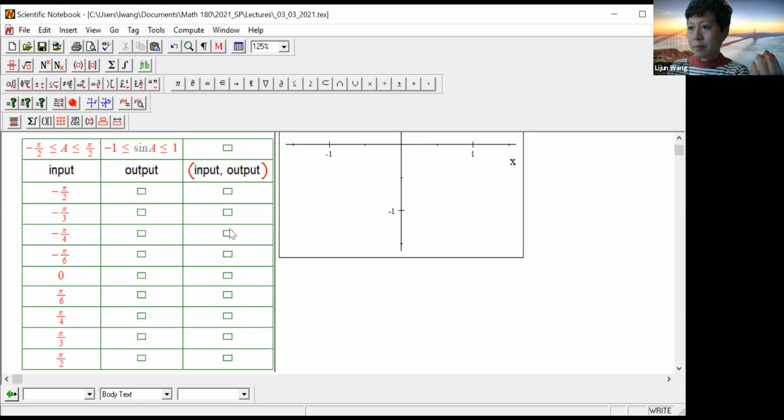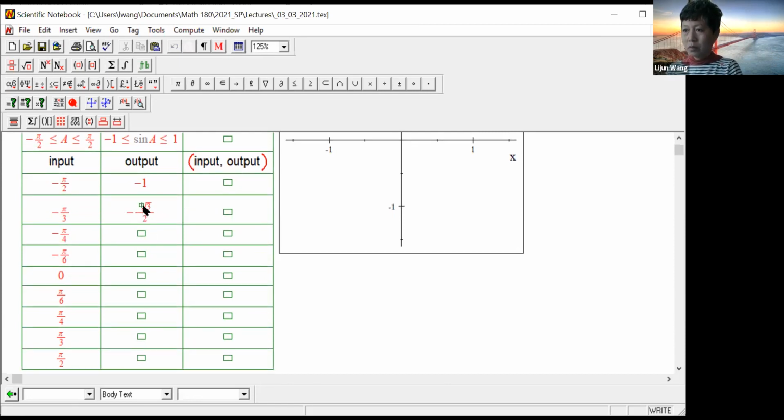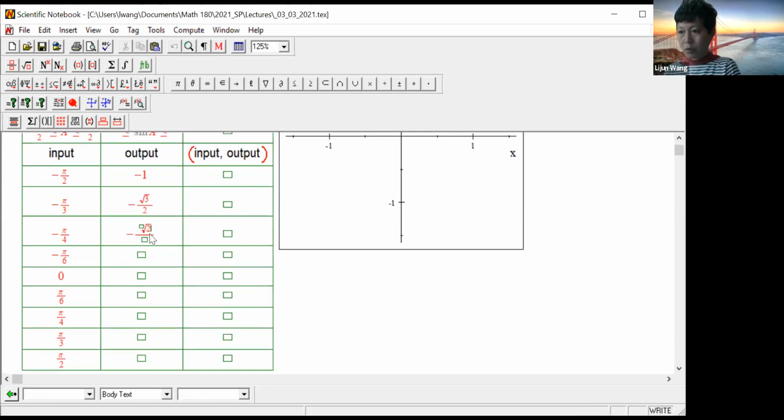And next, we're going to plot these points. Okay, so you have a realistic sense. What's the input? What's the output? First-hand experience.